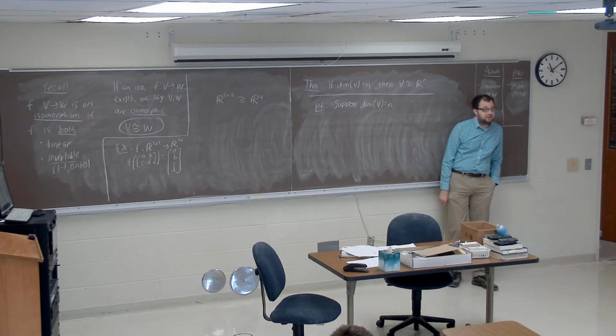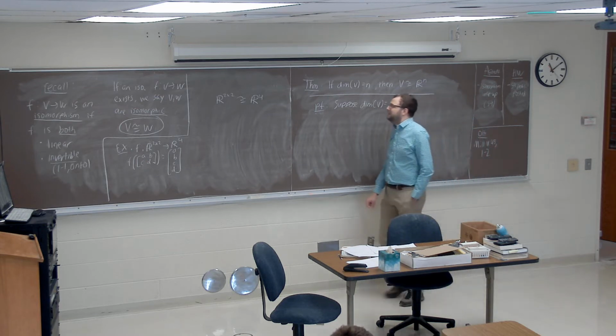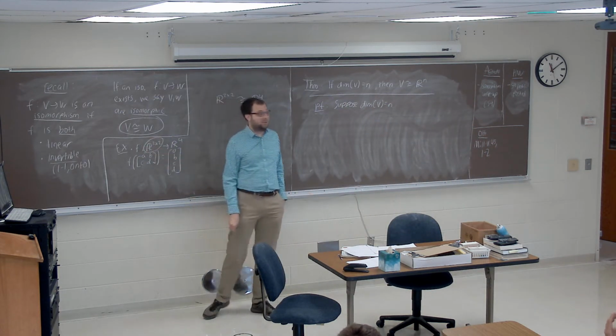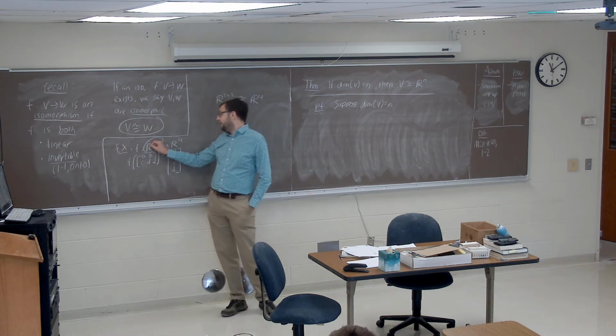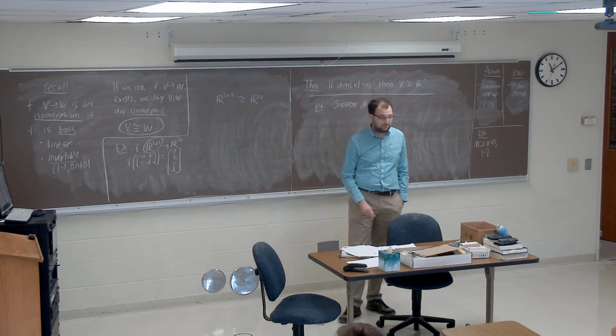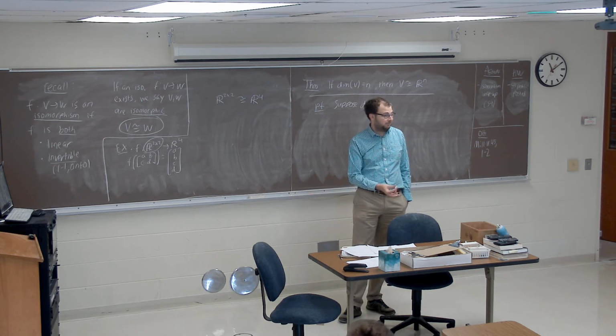Well, why do we know, for instance, that the dimension of this vector space is 4? What about this vector space relates to 4 somehow? Isaac? You have 4 total entries.